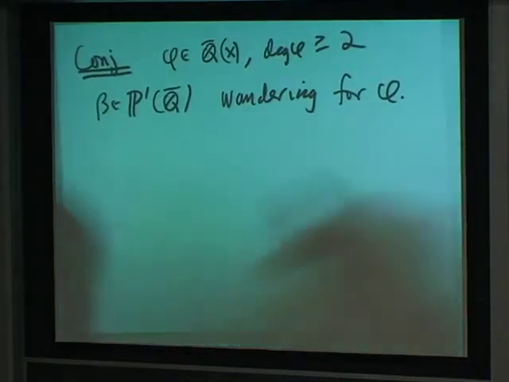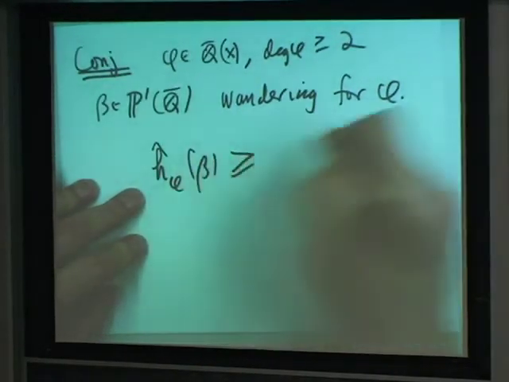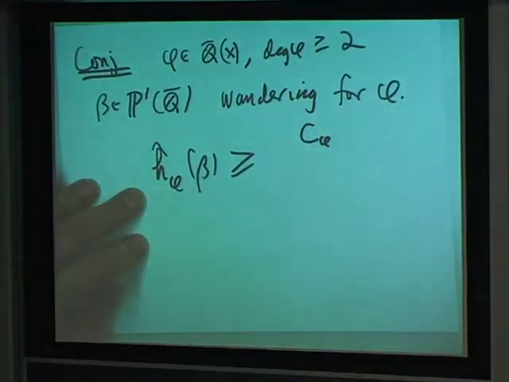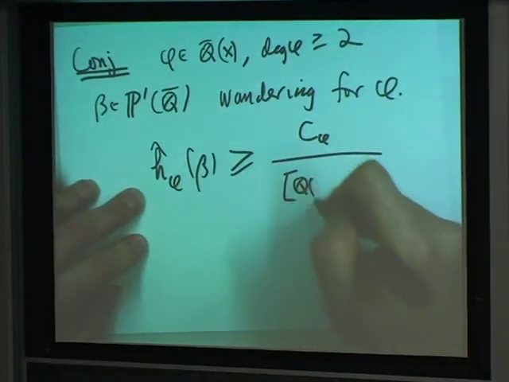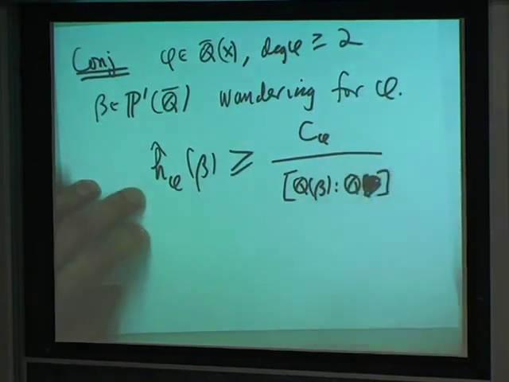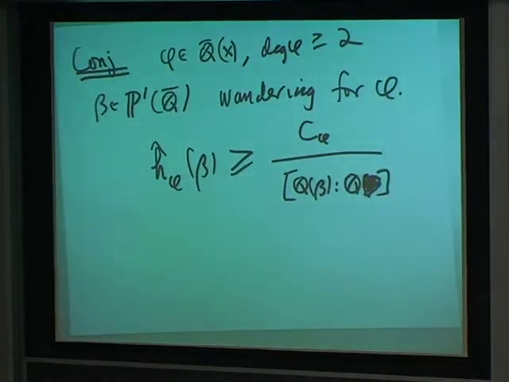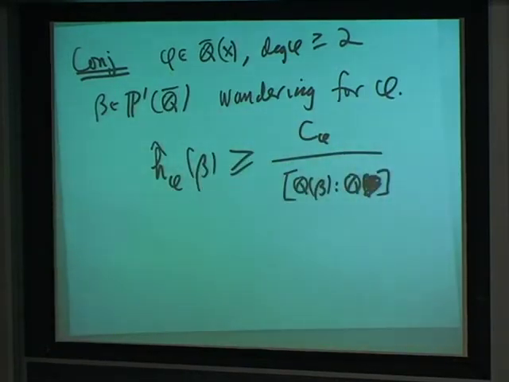You want to know how small it is, and the conjecture is that it can't be much smaller than some positive constant that depends on phi, but not on beta, divided by, again, the degree of beta, because you can do the same thing by taking inverse images of beta by phi, just like taking nth roots here. It would be wonderful to have a Dobrovolsky type of estimate for this.